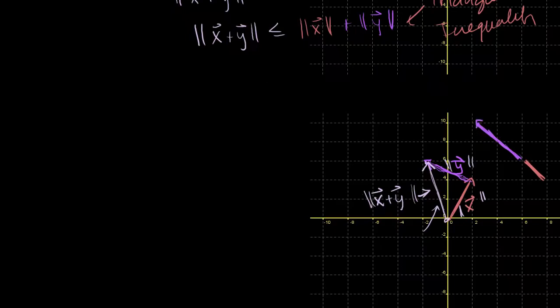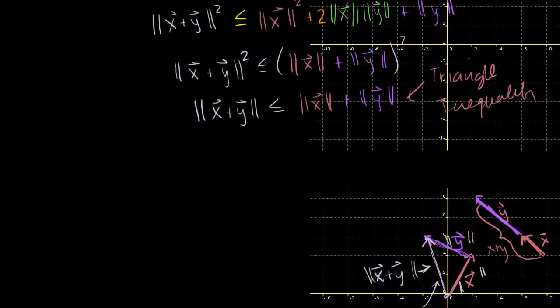So this is vector x, this is vector y. Now x plus y will just be this whole vector. And this is the case where the triangle inequality turns into an equality. That's why that little equal sign is there. It's the extreme case where x and y are collinear.